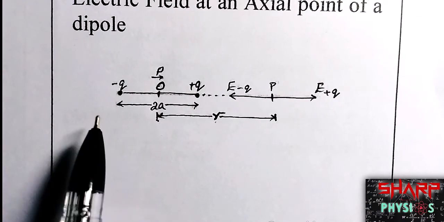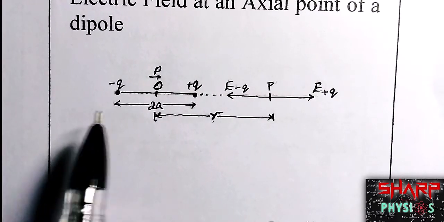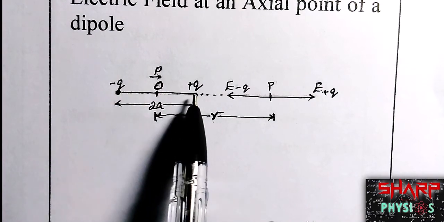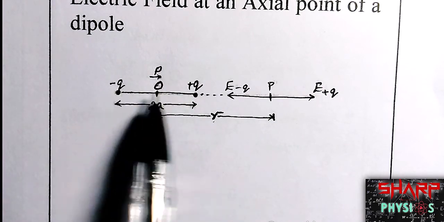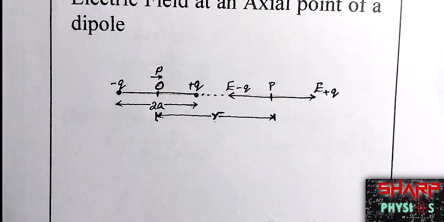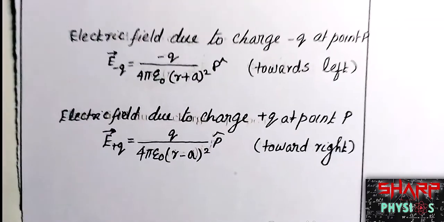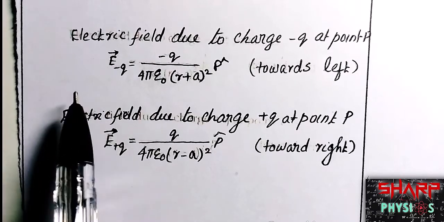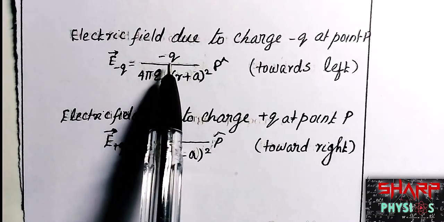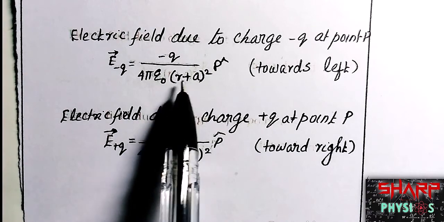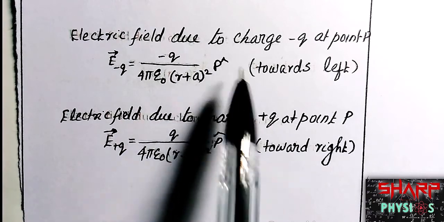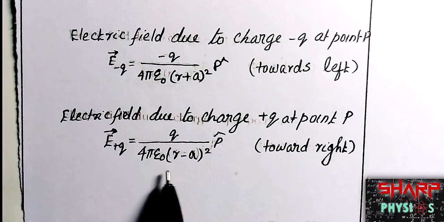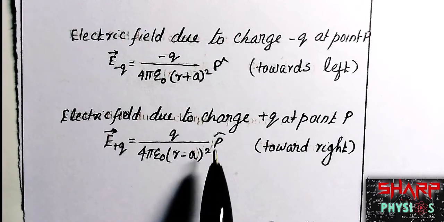So now you have the electric field of the charge on both sides, for the negative charge as well as the positive charge. Based on that, you have two formulas: minus Q by 4 pi epsilon 0 (r plus a) the whole square p cap, and Q by 4 pi epsilon 0 (r minus a) the whole square p cap.